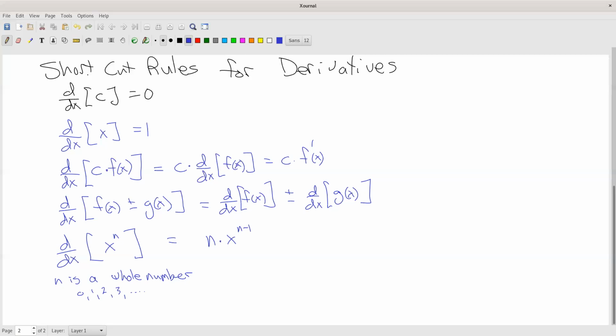So this is our first run at shortcut rules. And these rules combined mean derivatives of polynomials are easy.